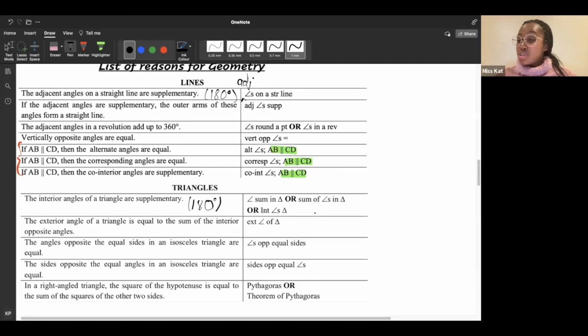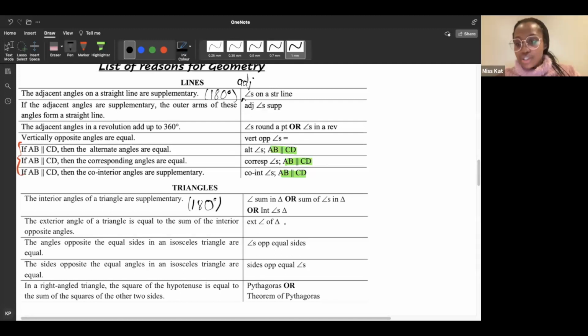I usually use interior angles of triangle, but if your teacher has taught you one of the other two, that's fine. Then there's one that says the exterior angle of a triangle is equal to the sum of the interior angles. For that, your reason would be exterior angle of triangle.